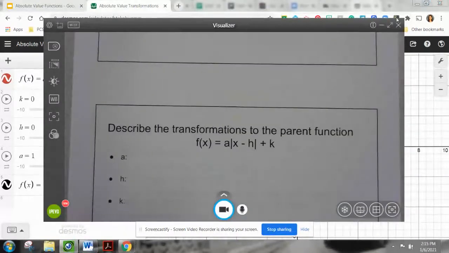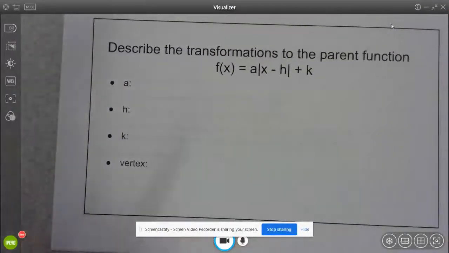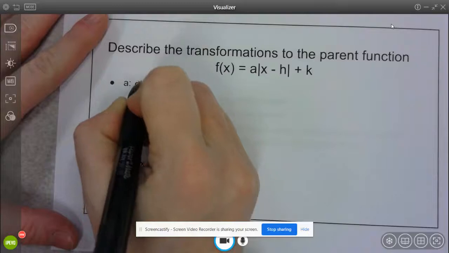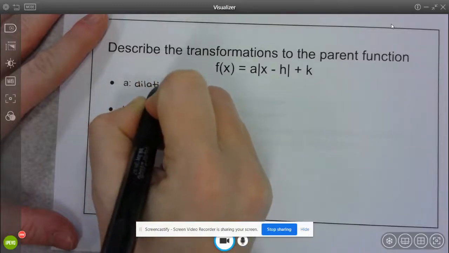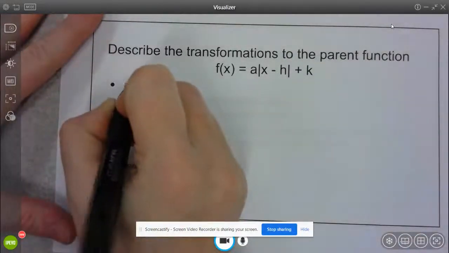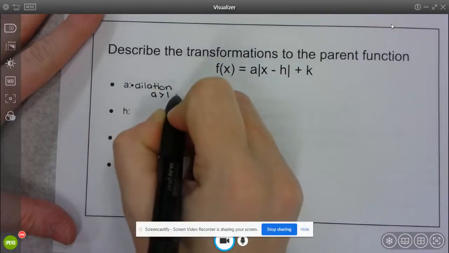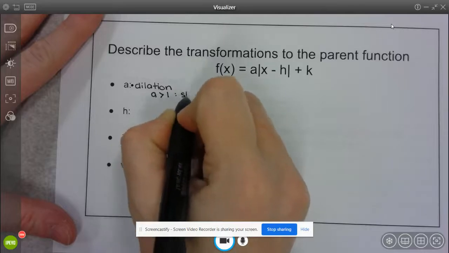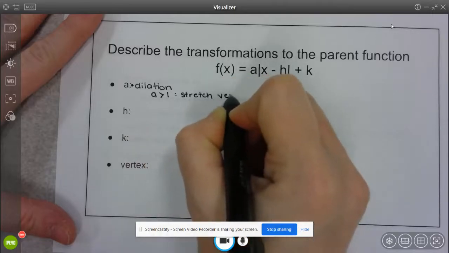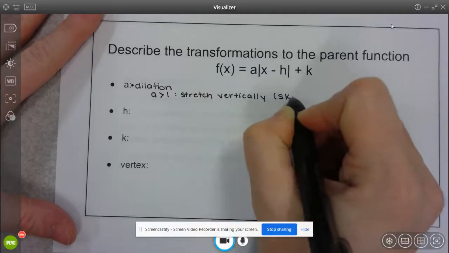So coming back here, we're going to actually write this down and formalize it. So A does a dilation. That's one thing A does. If A is greater than 1, that means it's going to be stretched vertically. So we'll have a skinny graph.